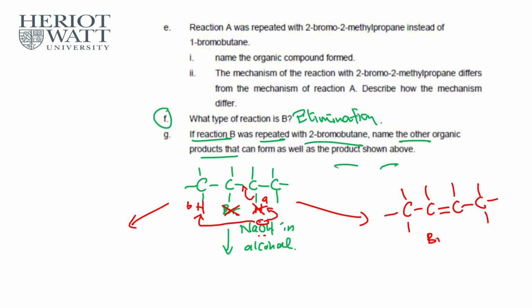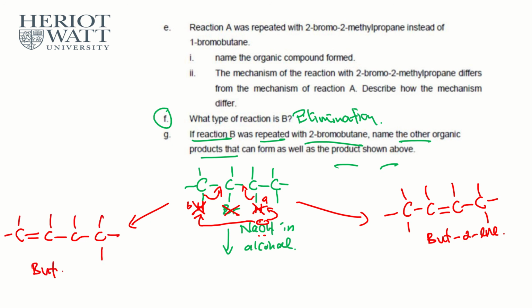See that? So this is but-2-ene. But if I remove the hydrogen here instead, hydrogen B, the double bond will be here. So you must know how the bond moves. Then you will get C=C-C-C, see, the double bond now is at carbon number 1 and 2 instead of in the middle.